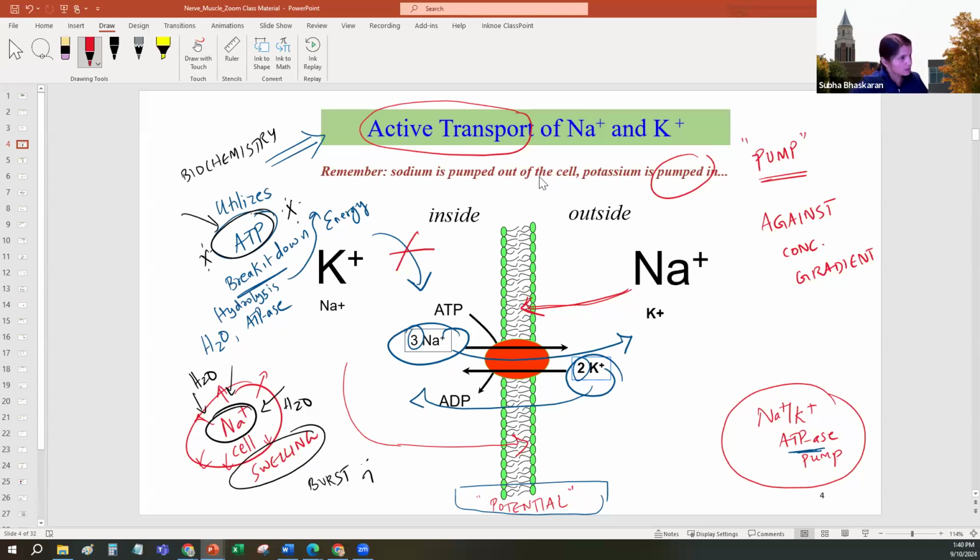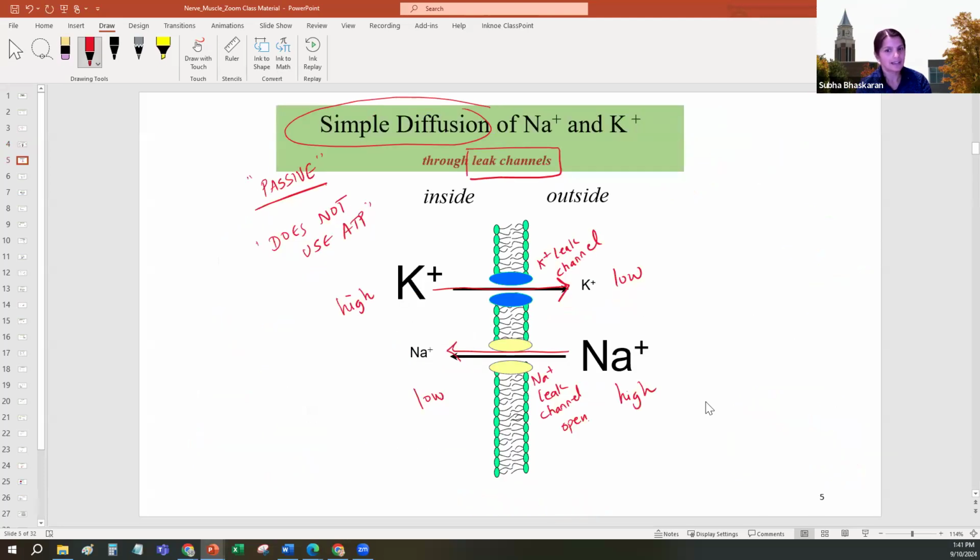So you're putting sodium to where it belongs. It requires energy. Are we clear? So this means low to high. Against the concentration gradient means low to high, it's active, pump, ATP. High to low is passive, does not require ATP.